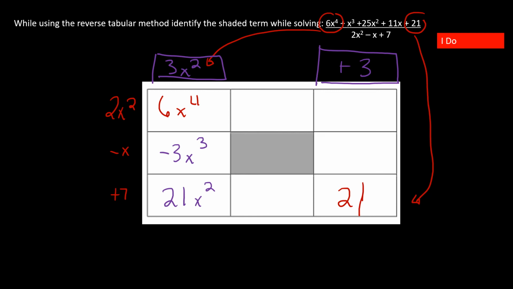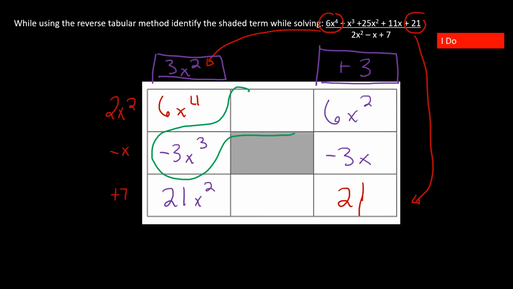So then I can solve for these factors here. 3 times 2x squared, which would be 6x squared. 3 times negative x would give me a negative 3x. 3 times 7 is 21. Done. Okay, well, we still don't have these factors here. So what we need to make sure that we identify is these two here.